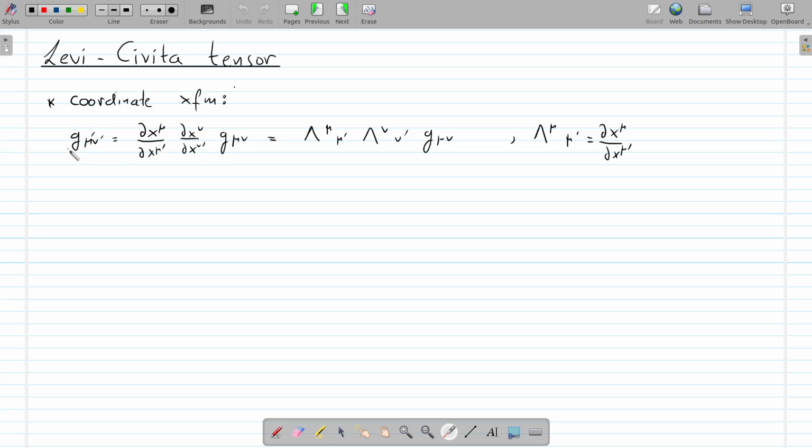So the components of G in the coordinate basis dx mu prime are related to those in the dx nu basis by this transformation law, and by defining lambda mu prime to be the matrix that has rows and columns formed by the derivatives of x with respect to x prime, I can write this relation like that.